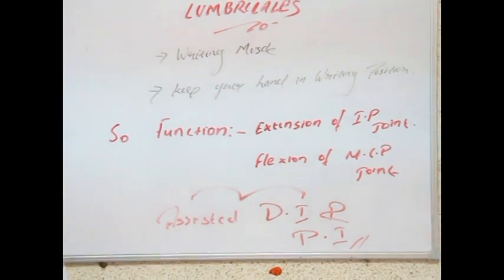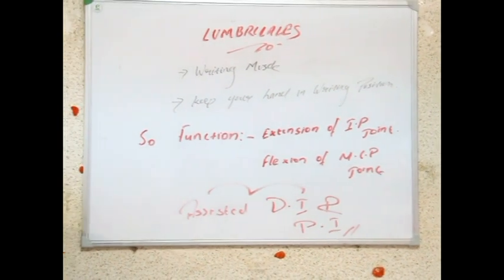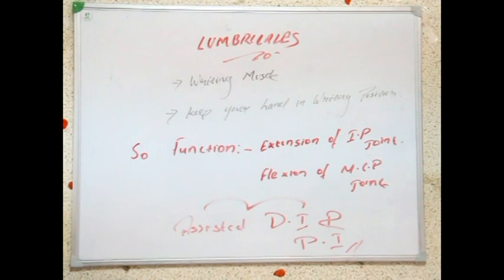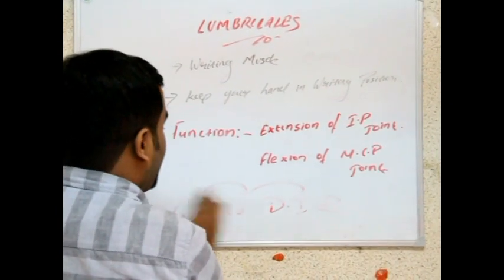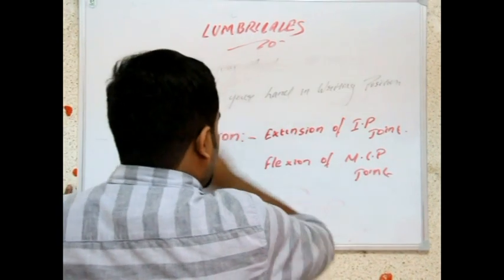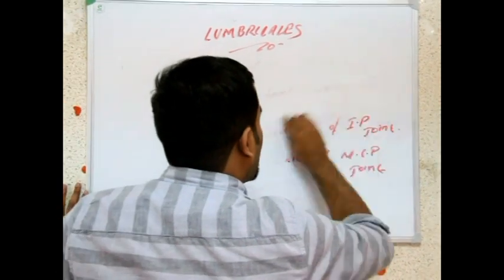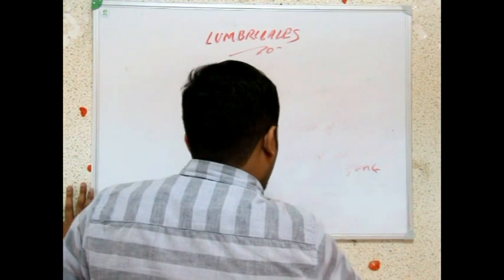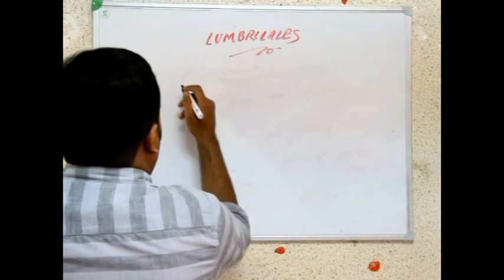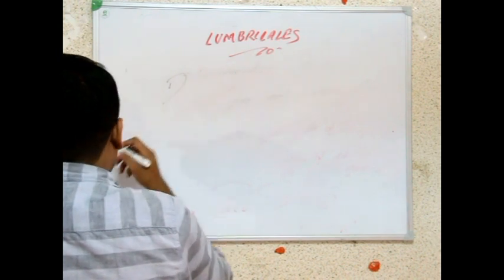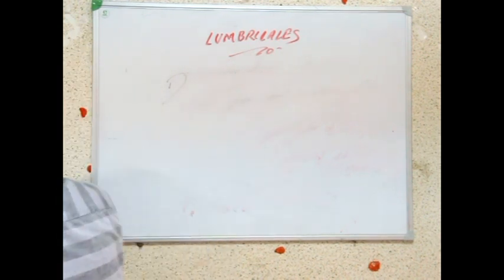And now see the function of the dorsal interossei and palmar interossei. So we studied the intrinsic muscles and nerve supply. What is the function of the dorsal interossei?